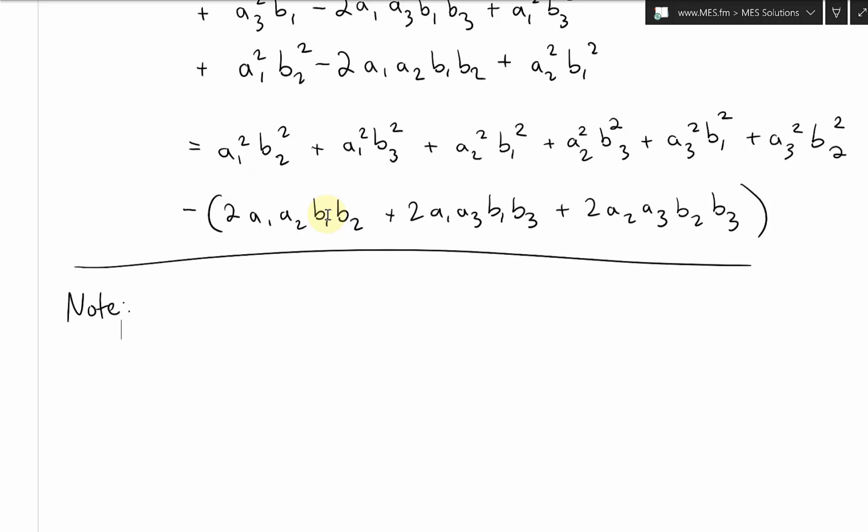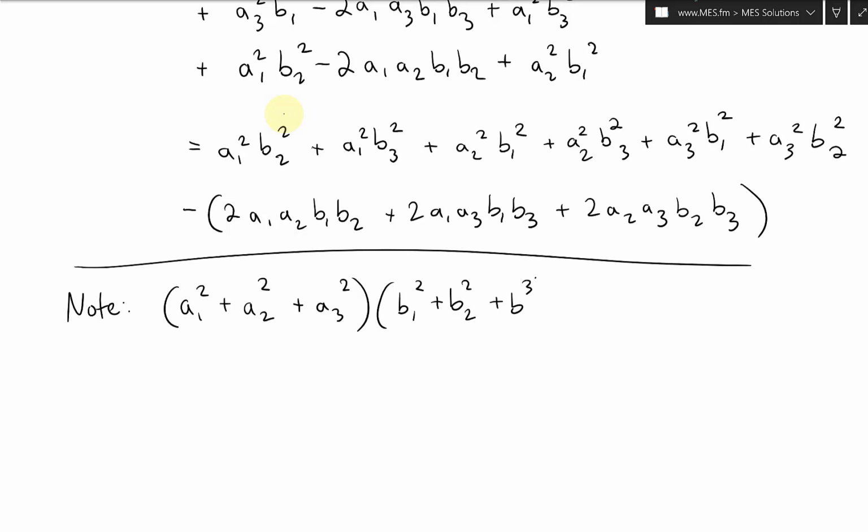But first, note that when we have this setup here, let's say we had a1 squared plus a2 squared plus a3 squared, multiplied out by b1 squared plus b2 squared plus b3 squared, just so we have all these multiplications: a1 squared, b2 squared, and so on.